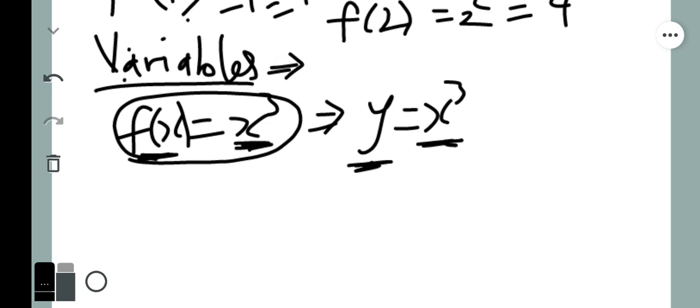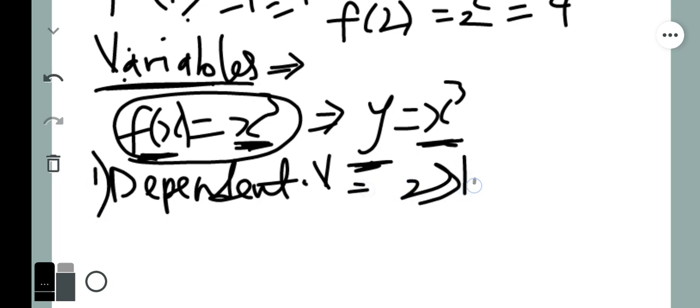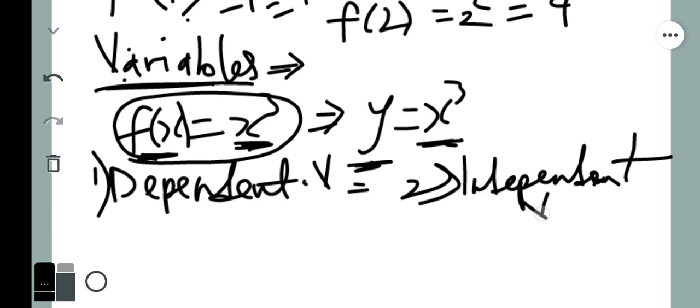Variables are divided into majorly two: the dependent variable and the independent variable. So in maths we have two kinds of variable, dependent and independent.